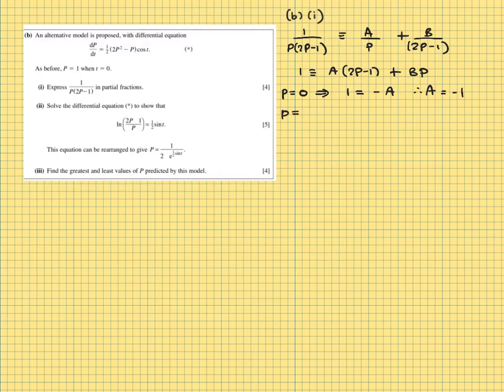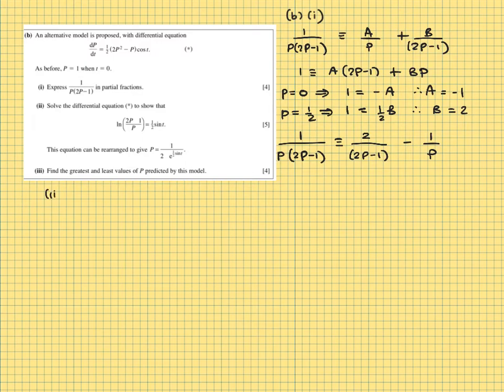And then p equals a half gives me 1 equals a half of b, so b is equal to 2. So my partial fraction decomposition of 1 over p 2p minus 1 is simply 2 over 2p minus 1 minus 1 over p, writing the terms the other way around.